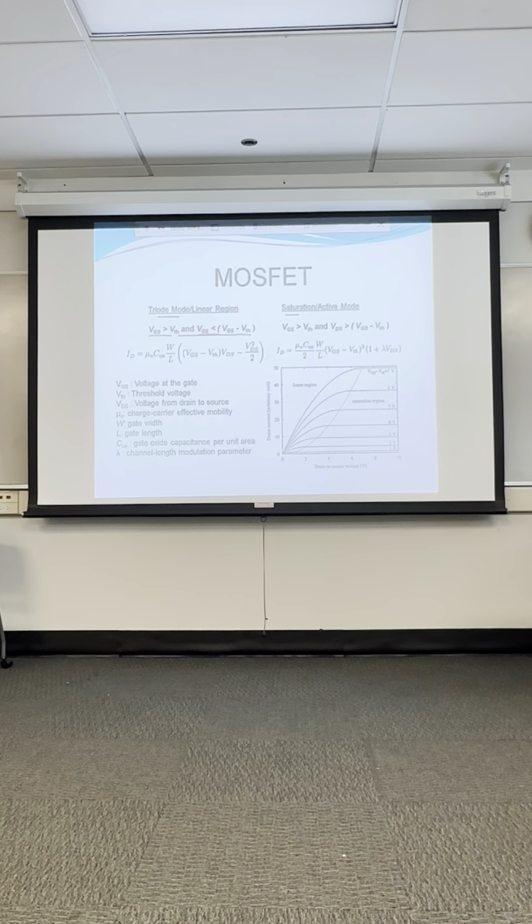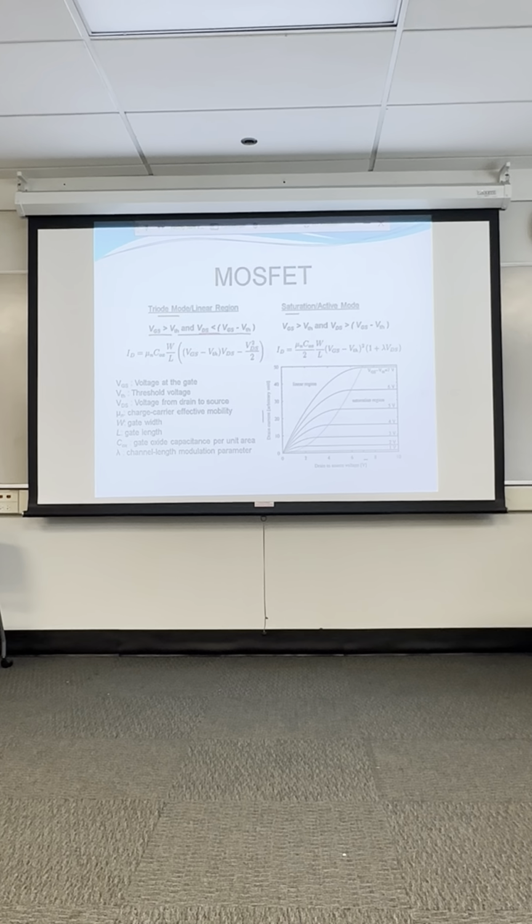The lower part is a manufacturer's curve of a particular MOSFET device. On the x-axis is the drain to source voltage, and on the y-axis is our drain current. Gate to source greater than the threshold voltage, and we'll have some known threshold voltage, and the drain to source is less than the gate to source minus the threshold.